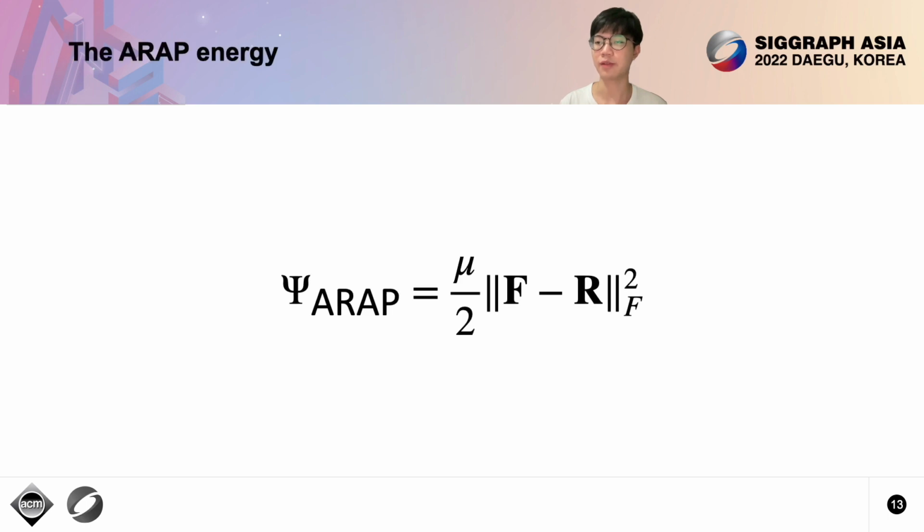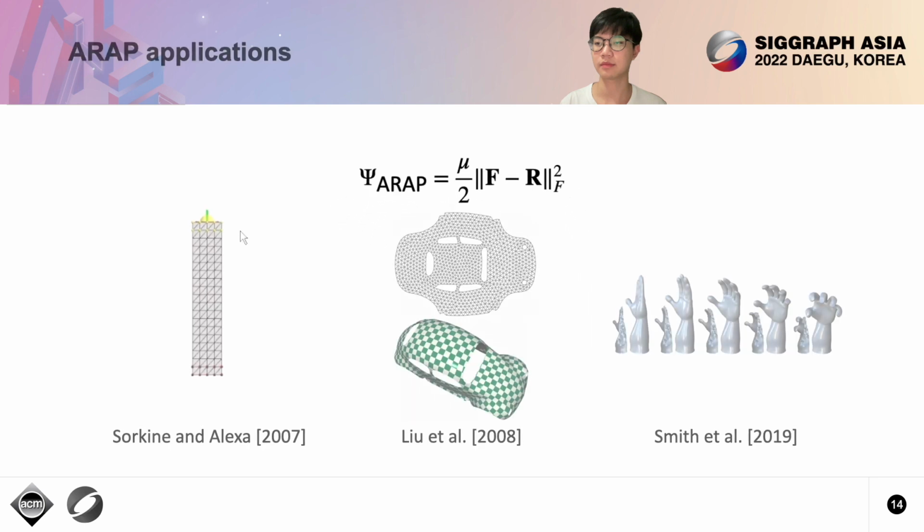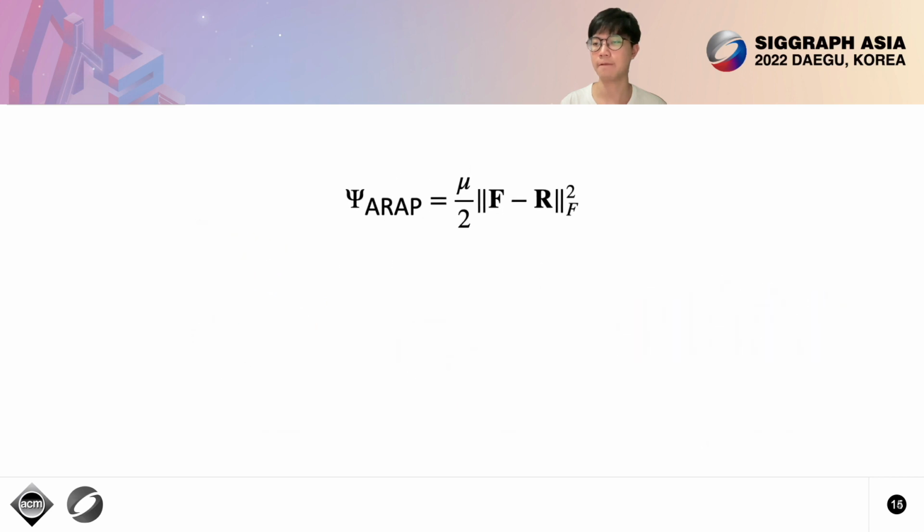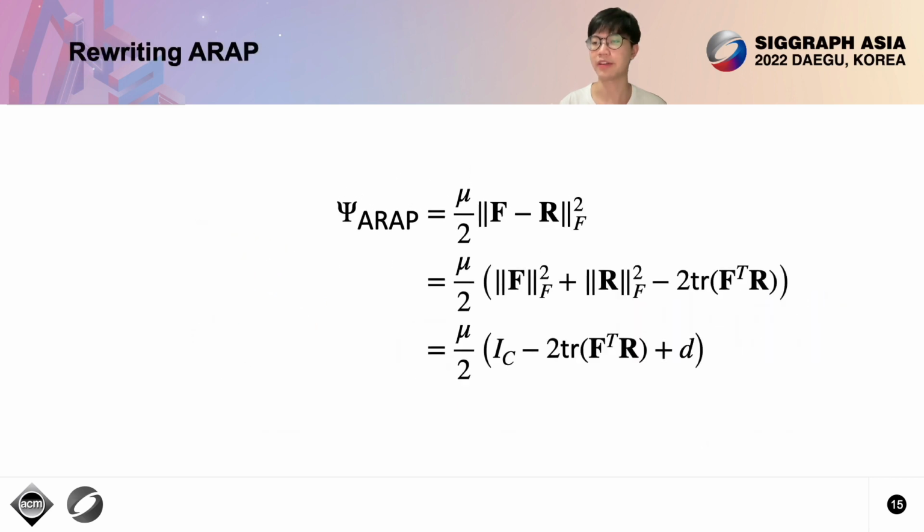We are interested in one energy called ARAP. ARAP energy has been very popular in many graphics applications, including shape editing, surface parameterization, and shape interpolation. We can try to rewrite ARAP in terms of the Cauchy-Green invariants, just like what we have done on the other energies, neo-Hookean and STVK.